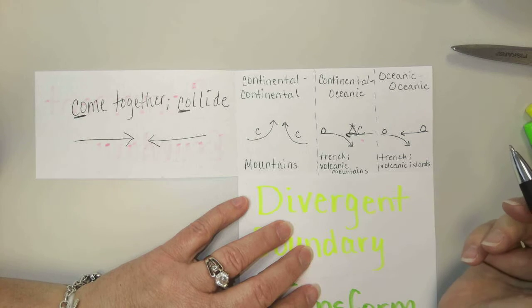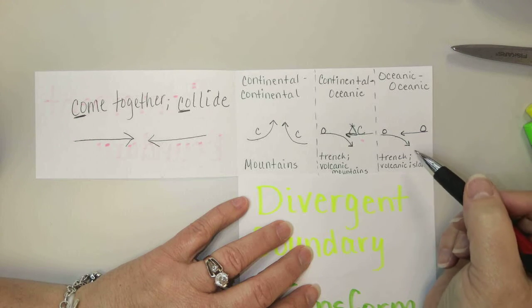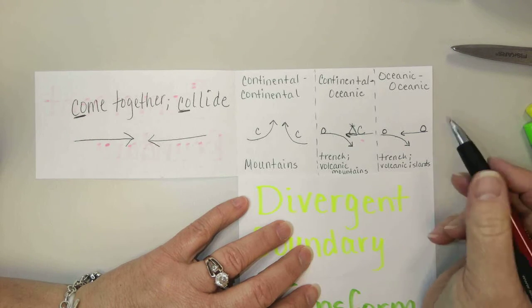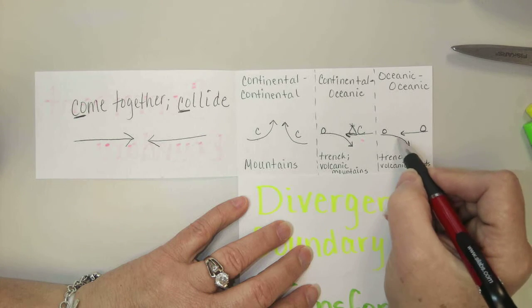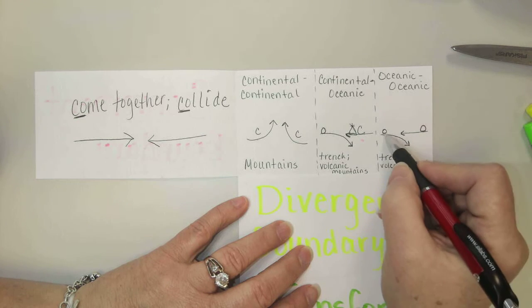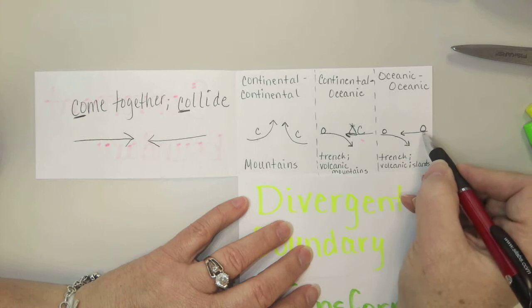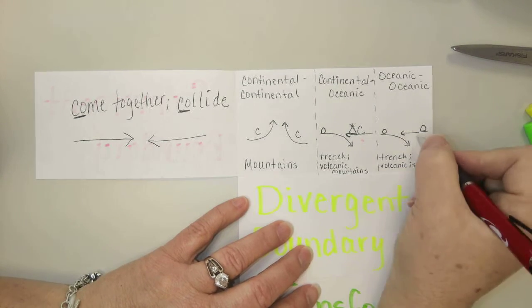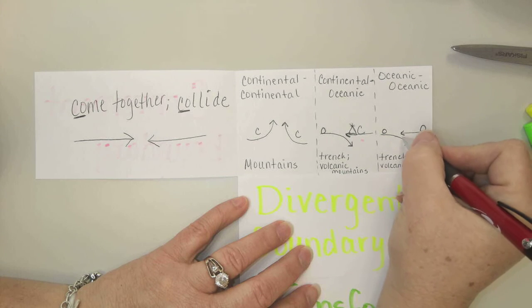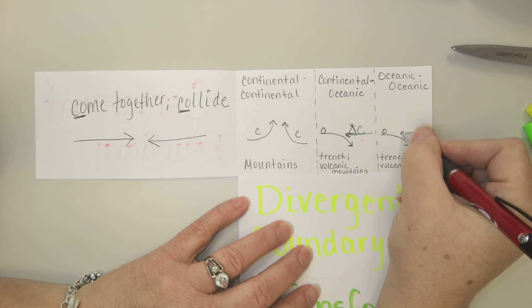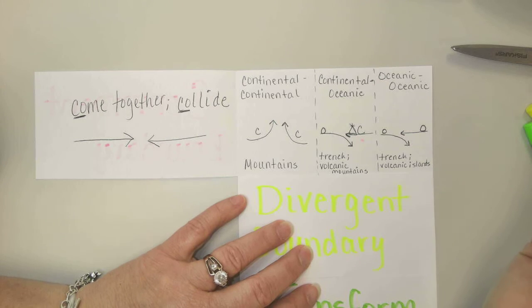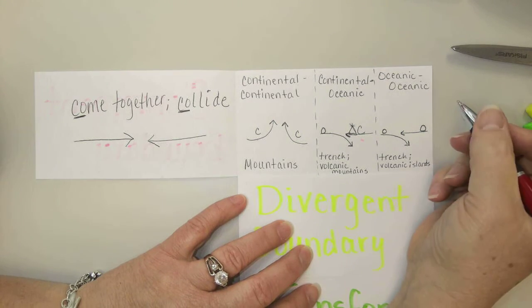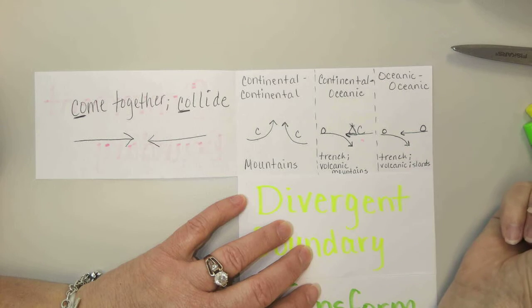Hawaii was formed from two oceanic plates colliding, and one subducted under the other one. The denser one subducted, the other one stayed more level, but because this pushed underneath, it pushed this up, so you've got the land being pushed further up so that you can actually see the islands that are formed.